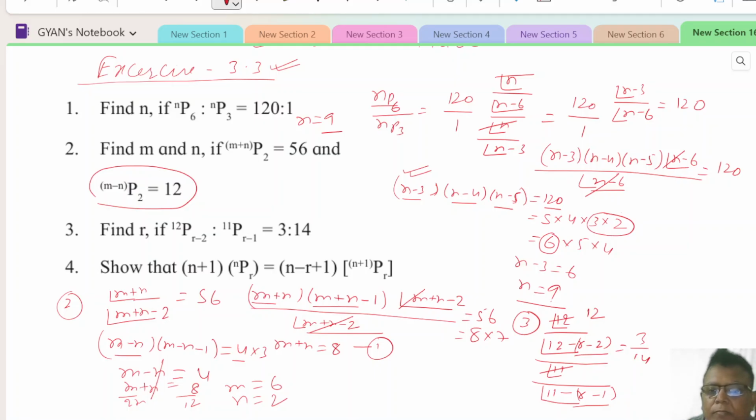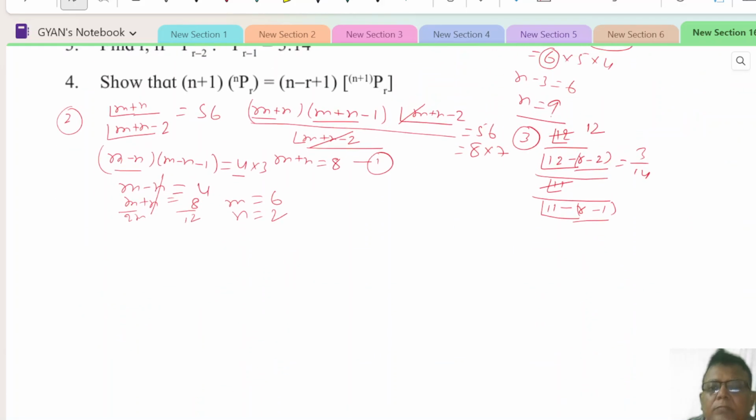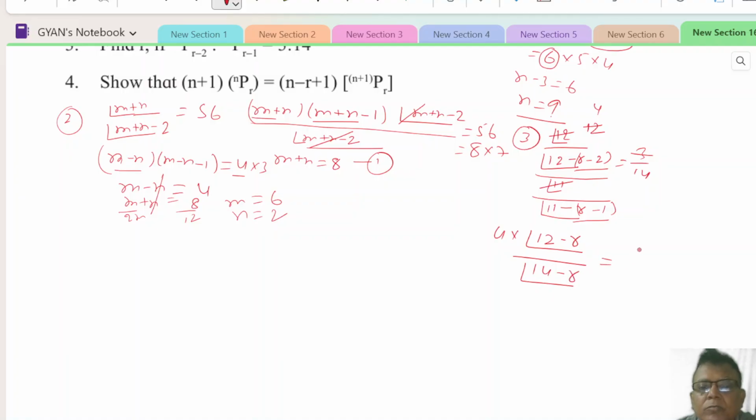And this also you can write 4. So 4 into minus minus plus, so 11 plus 1 is 12. 12 minus r divided by minus minus plus, 14 minus r is equal to 1 by 14.